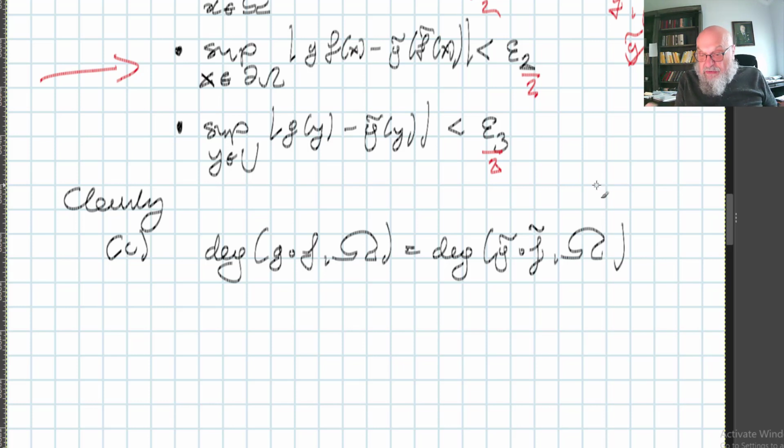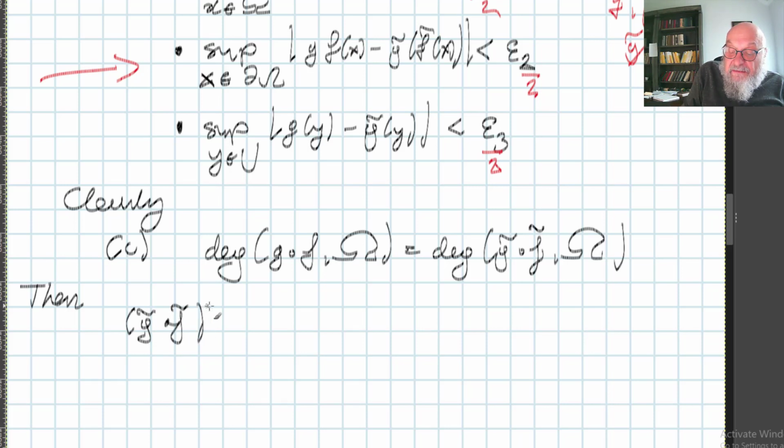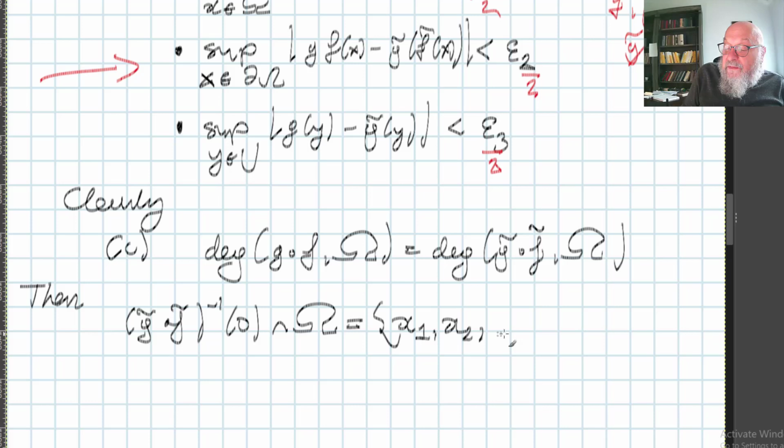Notice that, by the regularity of that map, if I take G tilde composed with F tilde, take the preimage of 0, and look at all possible zeros inside omega, I will get the set x1, x2, up to xn. Those will be my points.